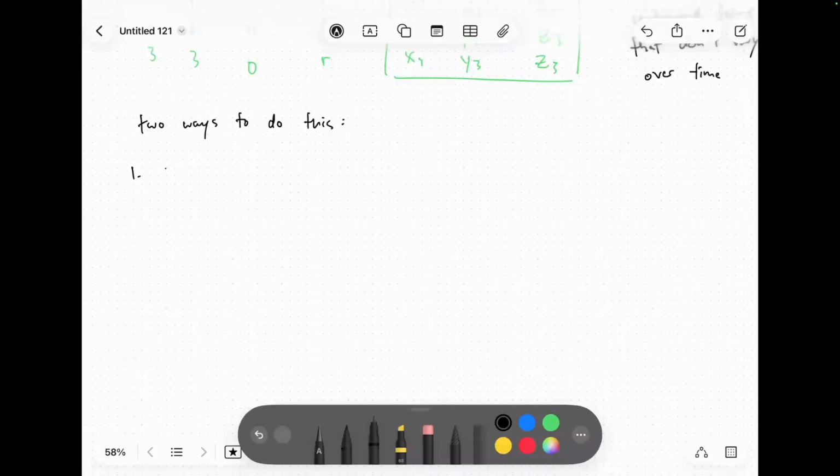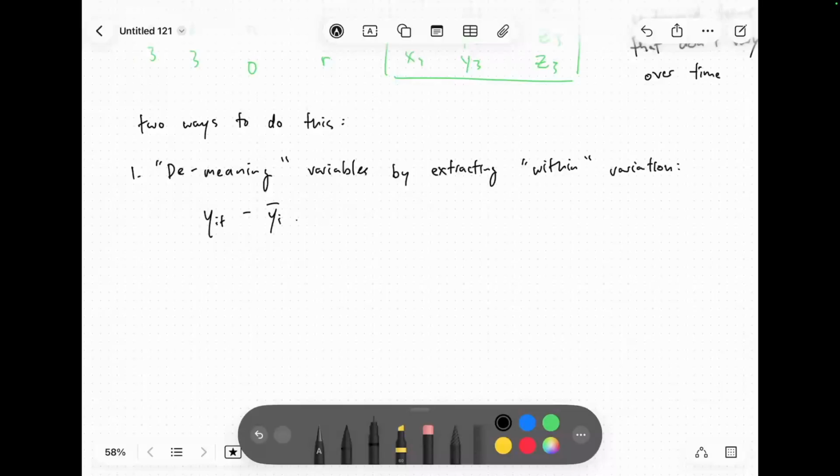So one is demeaning variables by extracting the within variation. So this is Y_it minus Y_i mean equals beta 0 plus beta 1 times X_it minus X_i average.